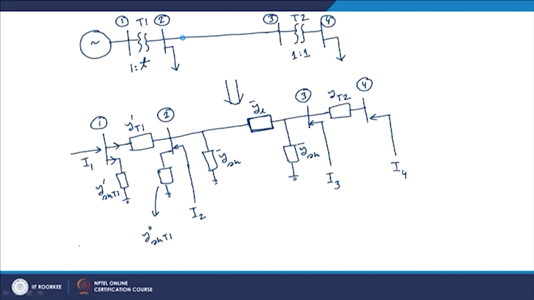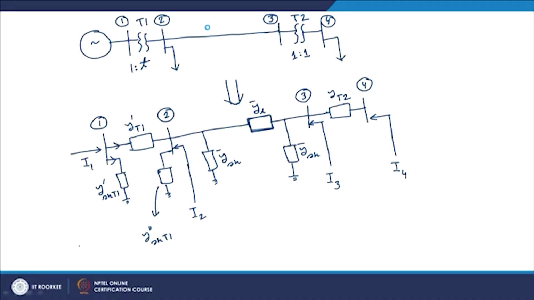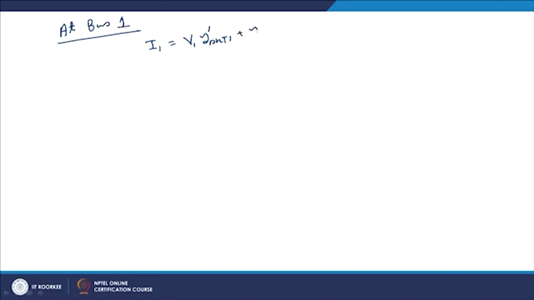I1 would be equal to V1 into y'SH T1, that is this current, plus y'T1 into (V1 minus V2) plus y'T1 into (V1 minus V2).